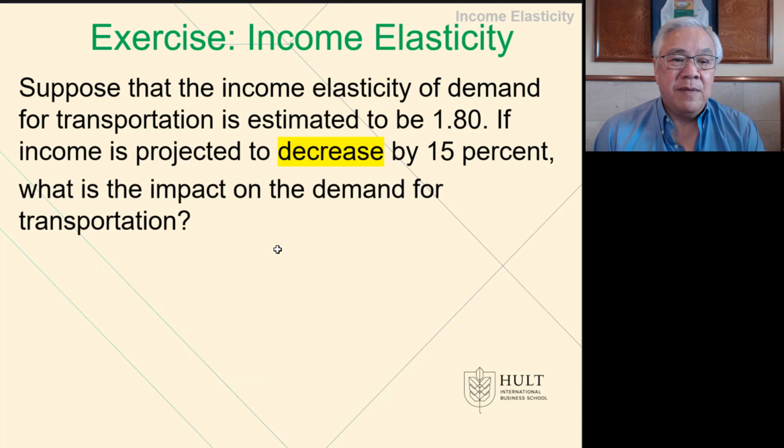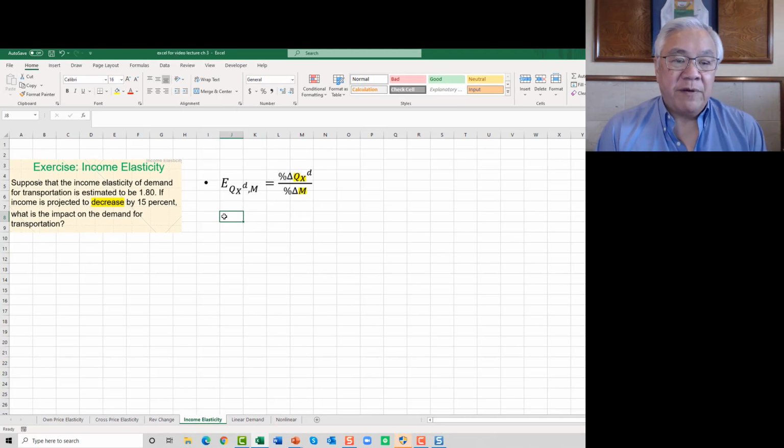Again, we have an example of how we could compute and use income elasticity. So we'll copy this over to Excel and we'll do the calculation. Okay, on the left we have the problem, and above we have the expression. So we have elasticity equals change in quantity of X divided by the change in the income. So what do we know?